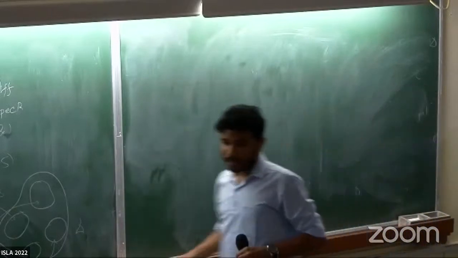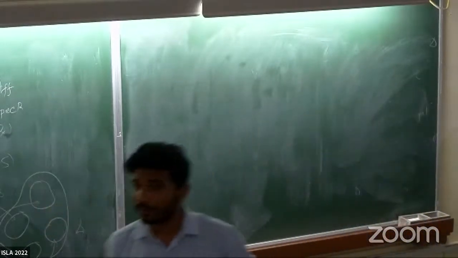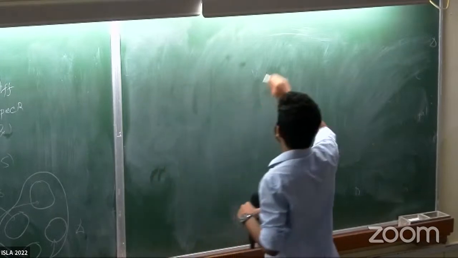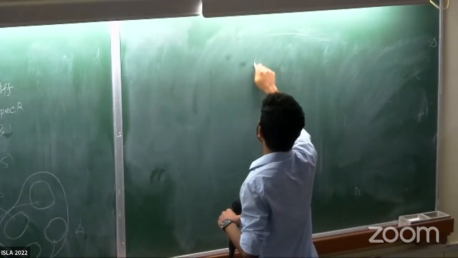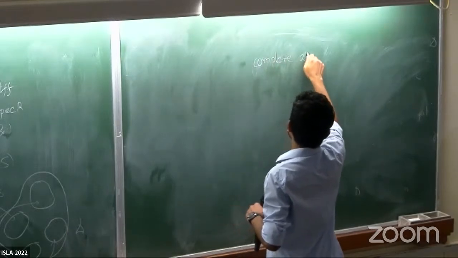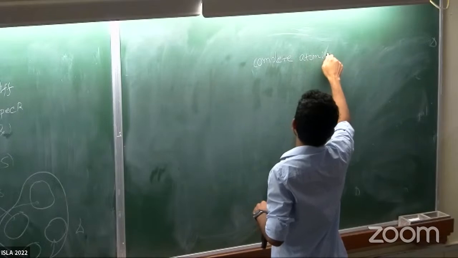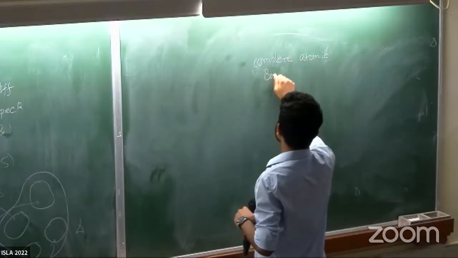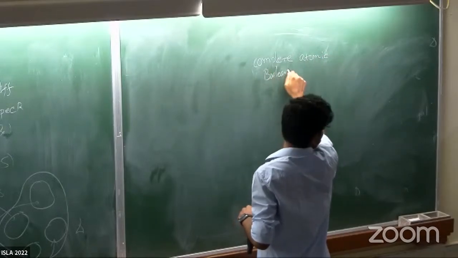What is that? So for the next few minutes, I'm going to write something on the board and you are going to tell me what you have learned here. Complete atomic Boolean algebras.